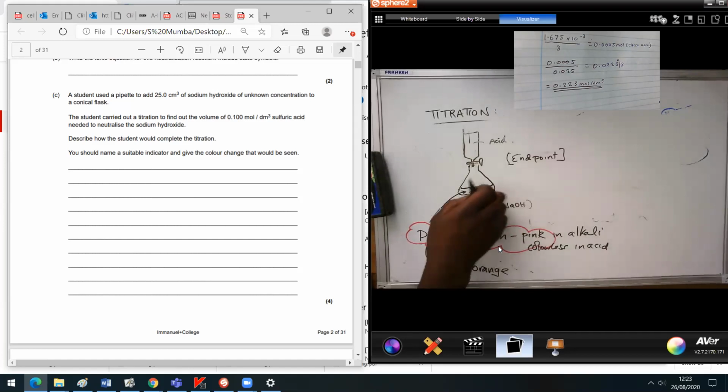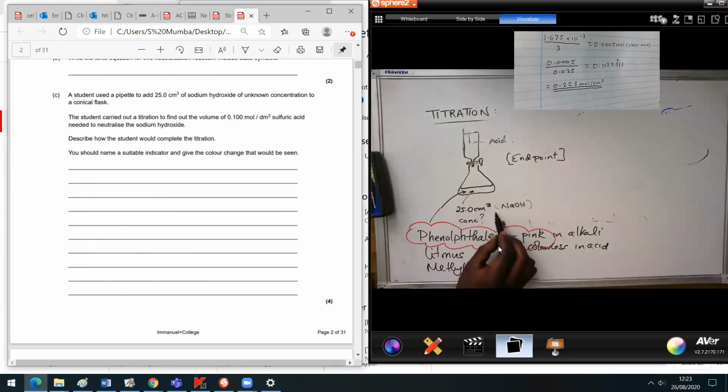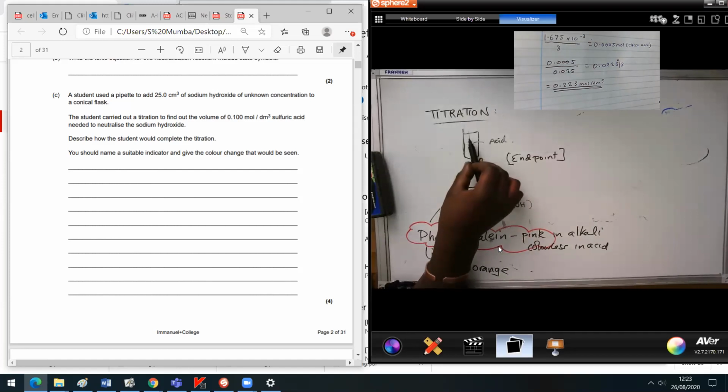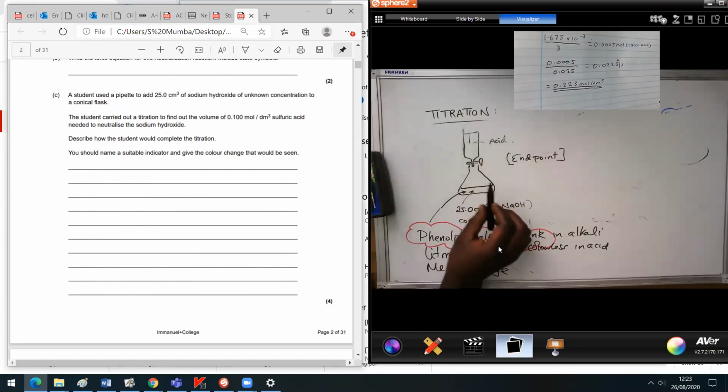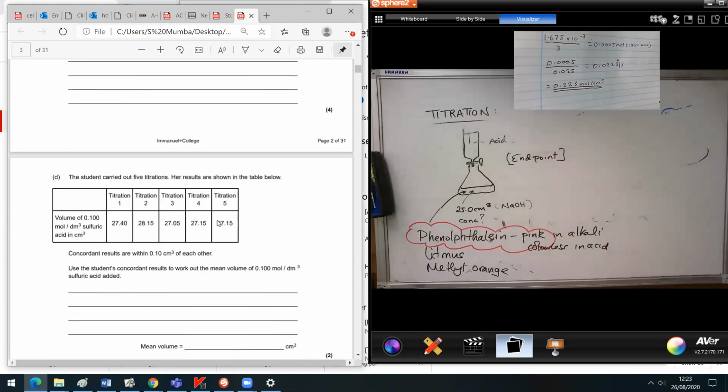You might want to rinse this conical flask with the sodium hydroxide, just in case there was anything in there. And you want to rinse this burette with the acid that you're going to use before you start using it, because there may be another acid in there, and that's going to affect your results. Okay, so those are a few things to note.